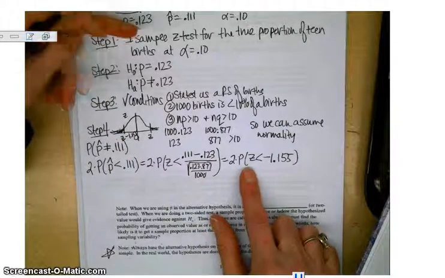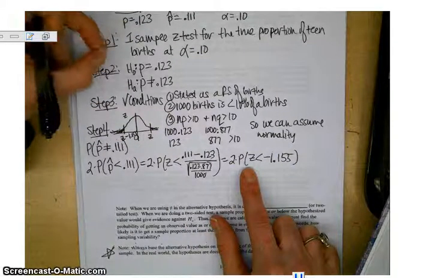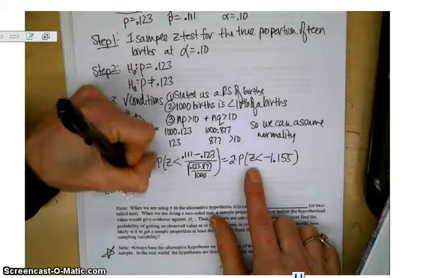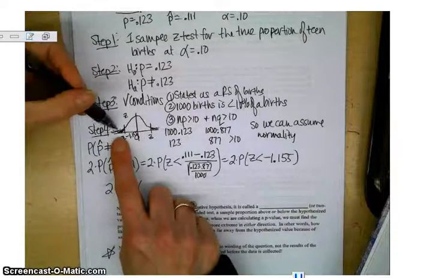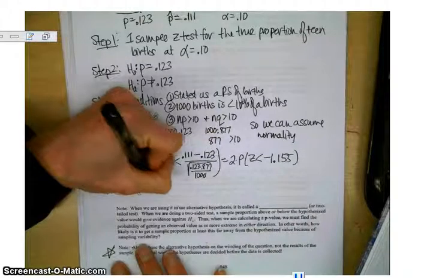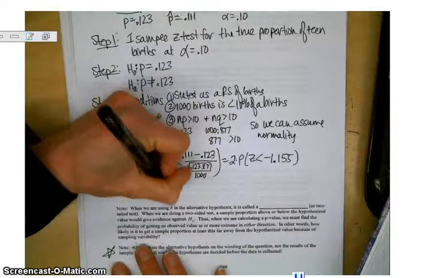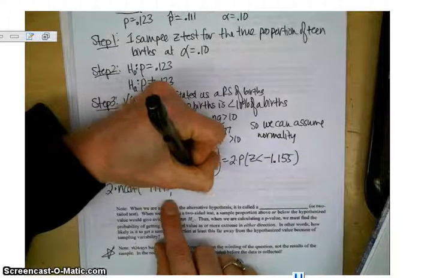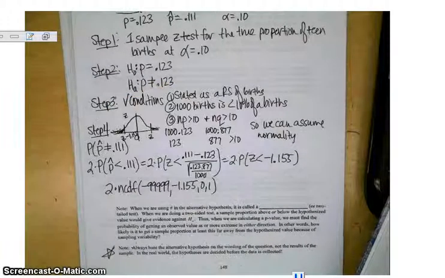So how do I do that calculation? NCDF, so 2 times NCDF. In this section over here, it's the lower side. What's the lower bound? Negative infinity is the lower bound. The upper bound is my z-score, negative 1.155. Mean of 0, standard deviation of 1.